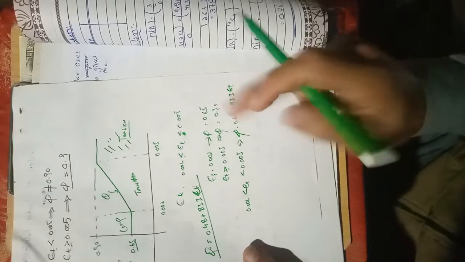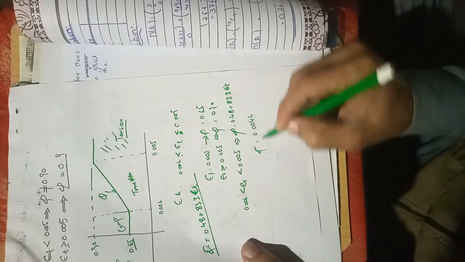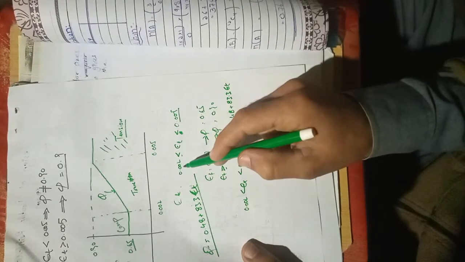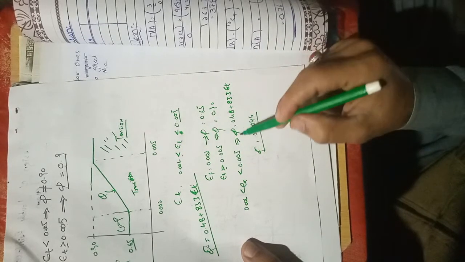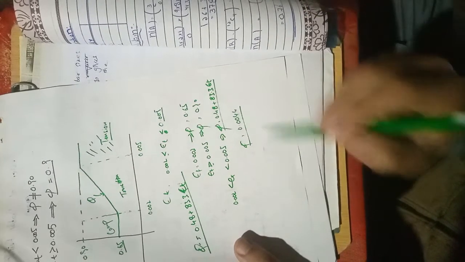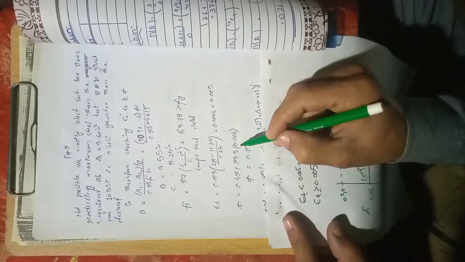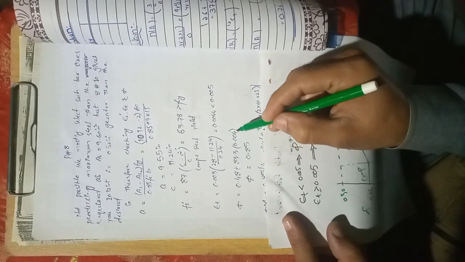So as the calculated value now of epsilon t is 0.0044, it is less than 0.005 but greater than 0.002. So we have to use this equation and we will find out the exact value of phi. We just plug in the value of epsilon t, that is 0.0044.